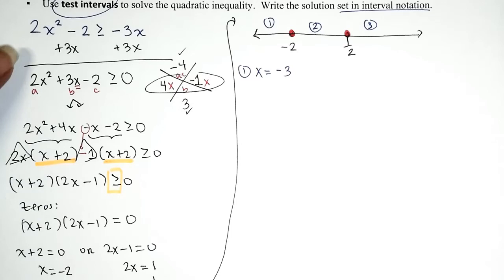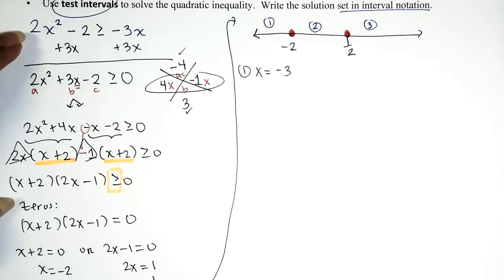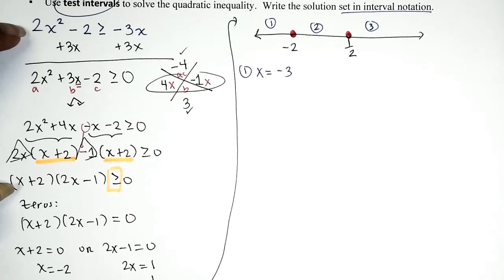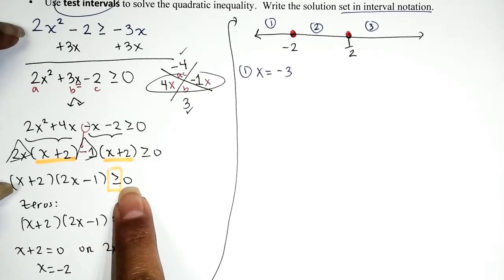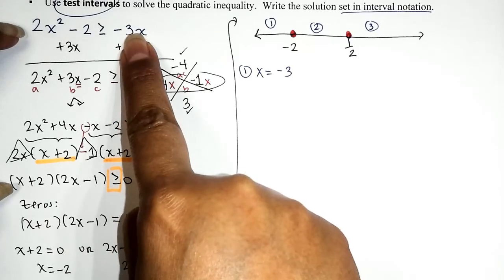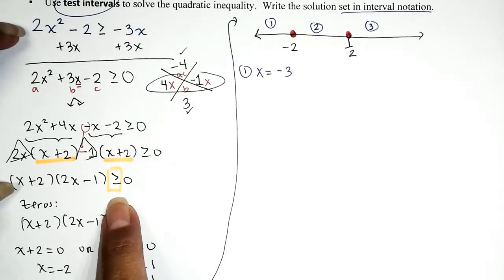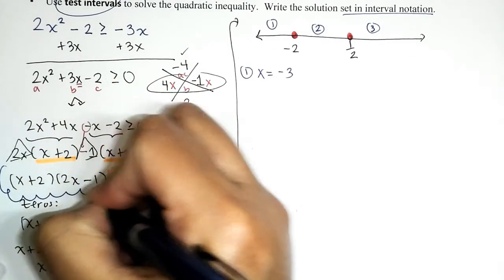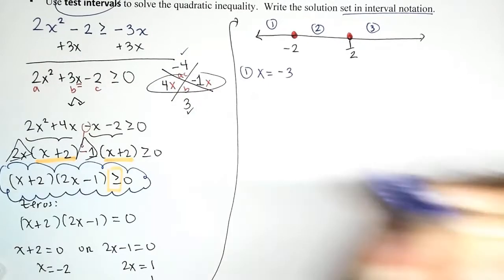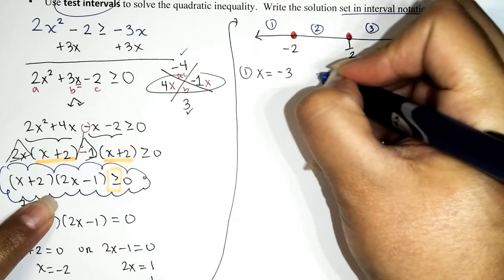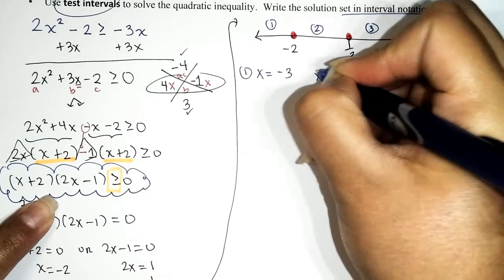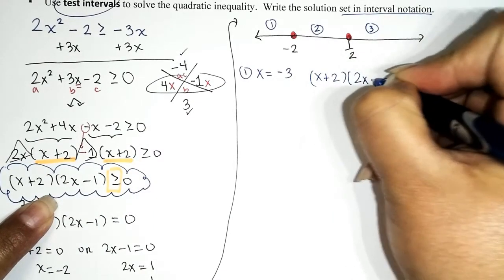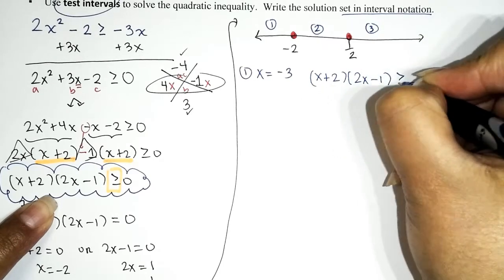The book will always say use the original one, but to me, whichever one looks easier for me to use, that's the one that I will use. For me, it's a little bit easier to compare to 0 versus -3x. So with your permission, we're going to test it in this one. Let me highlight it for myself. The inequality reads x plus 2 times 2x minus 1 is greater than or equal to 0.